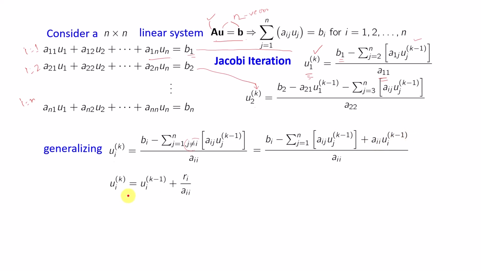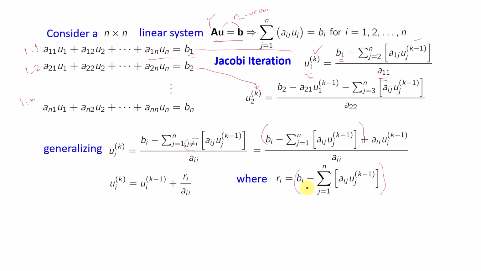So the overall algorithm now becomes Ui k equals Ui k minus 1 plus Ri by Aii, where Ri is this entire term, Bi minus everything of the left hand side that is there in the equation i.